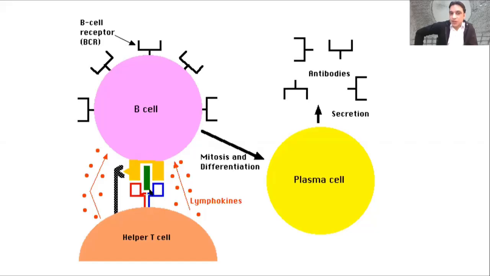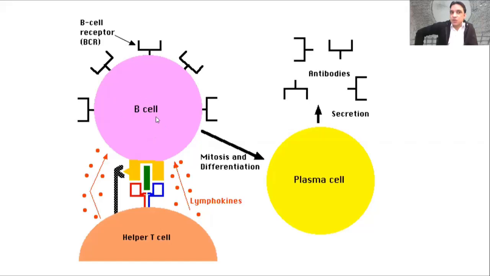Once this connection is established, the T cells produce cytokines. Remember, sometimes cytokines are also called lymphokines, don't be scared of these terms. Lymphokine is a general name, cytokine is also a general name. Some chemicals, small molecules, peptides, which can activate the beta cells. Once this connection is established, helper T cells release cytokines or lymphokines which activate the beta cells.